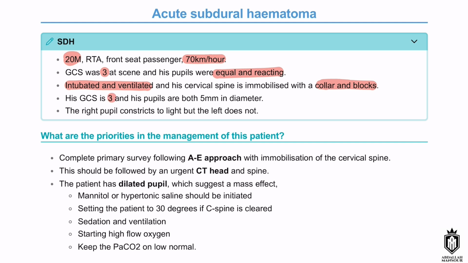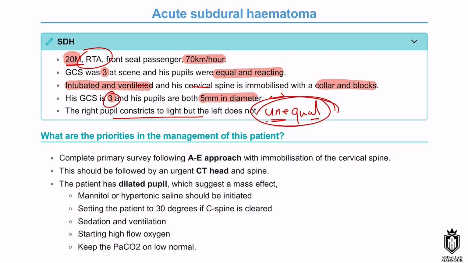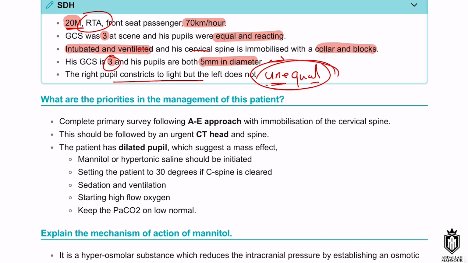GCS remained 3, and pupils were 5 millimeter in diameter. So the pupils are currently getting bigger and bigger, and now they are unequal pupils. All right, so now you're worried about a 20-year-old with road traffic accident with GCS of 3 and unequal pupils. What will be your management for this patient?